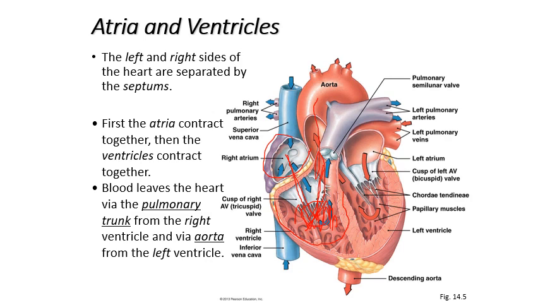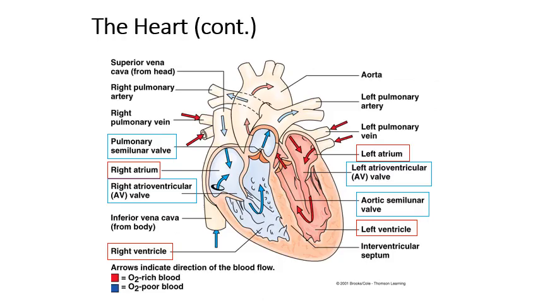To ensure this, the walls here, we've got the septum, which prevents blood going from here to there, but we also have these valves. These valves are going to ensure that the blood goes in one direction, out the way it's supposed to go.